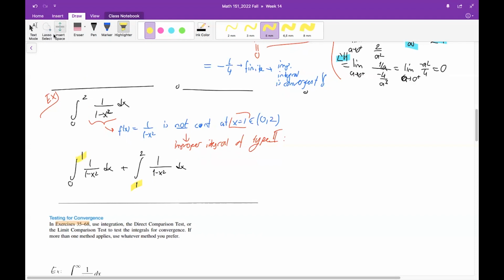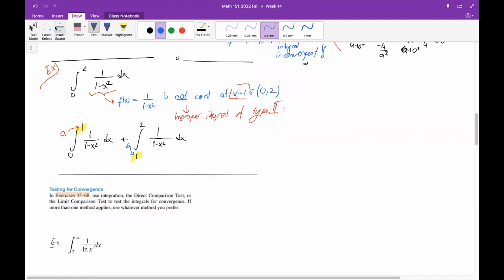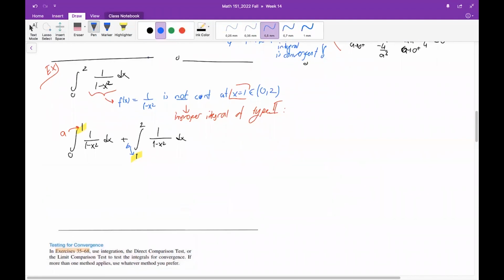Then I need to name that point as a variable. Okay, now I will name this part as a and this part as b, and I will construct the limits accordingly. So here I should write from 0 to a, where a goes to 1 from the lower direction. So the one-sided limit is like that.